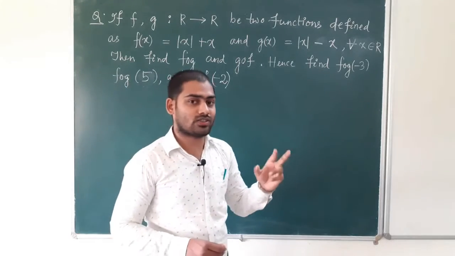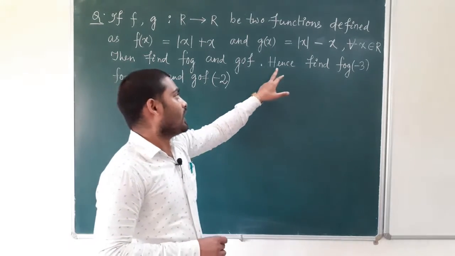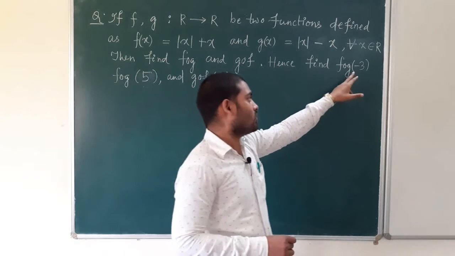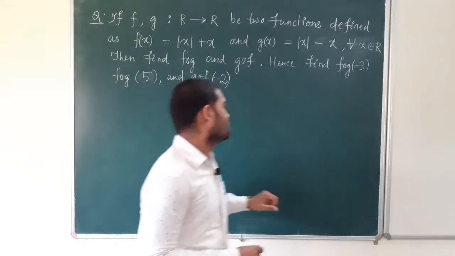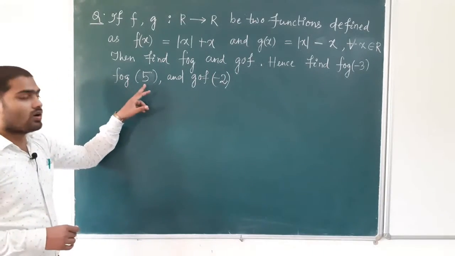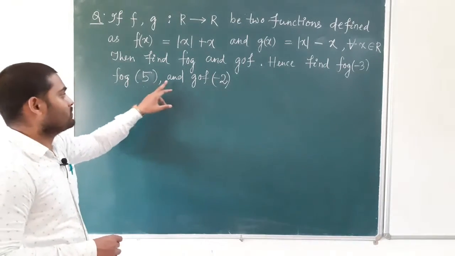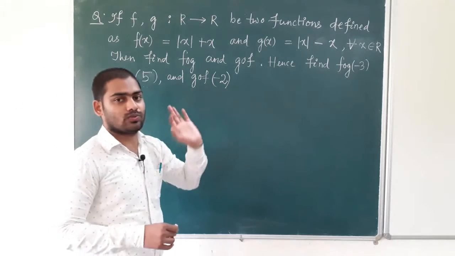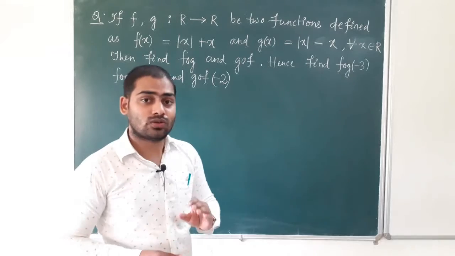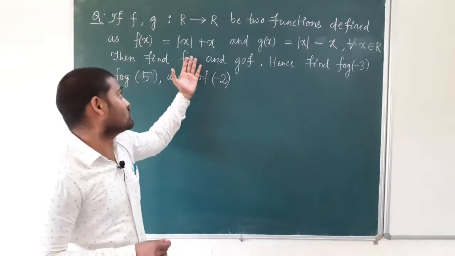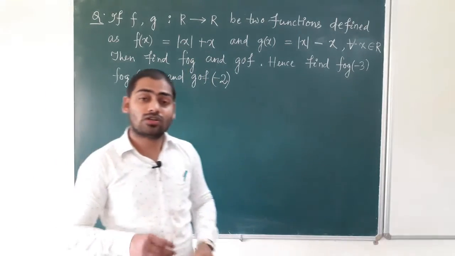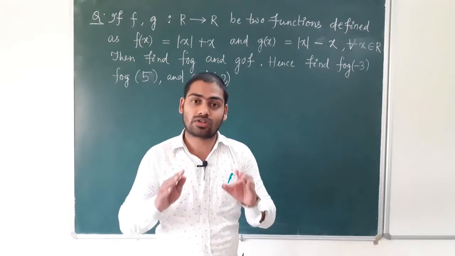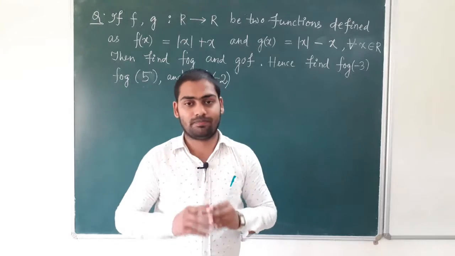Composition of function, you know it, and hence find fog of minus 3 and fog of 5 and gof of minus 2. So, this kind of function where modulus function is there, we have to redefine them.